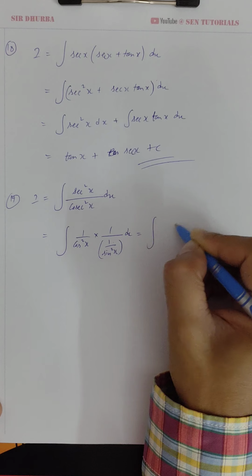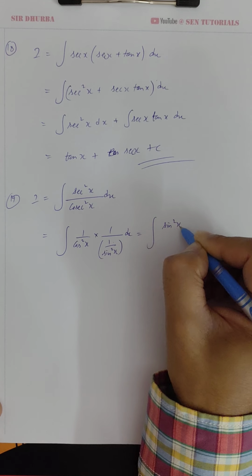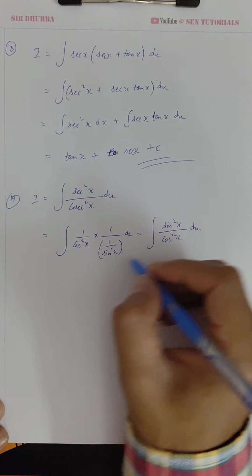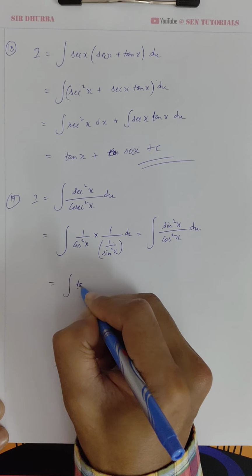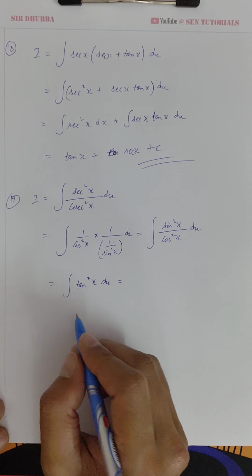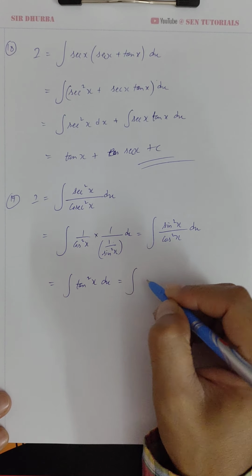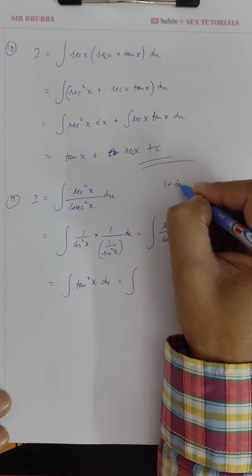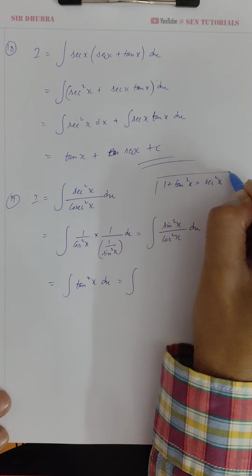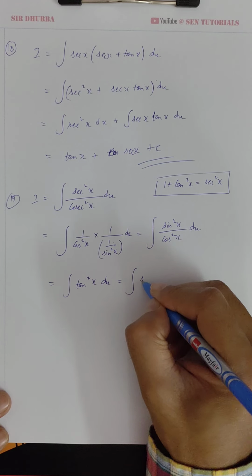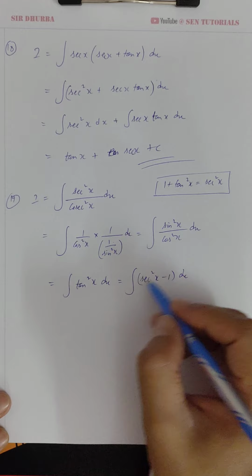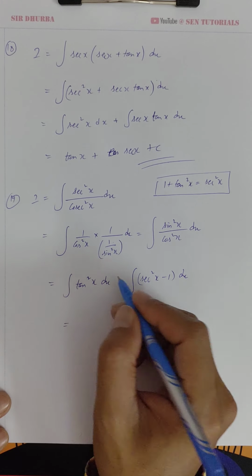So that will be integration of, moving it up, sine square x by cos square x with respect to x. So that would give us tan square x. We don't have any integral for tan square x, but we know that 1 plus tan square x is sec square x. So tan square x can be written as sec square x minus 1. That's the only way to find the integral for tan square x.